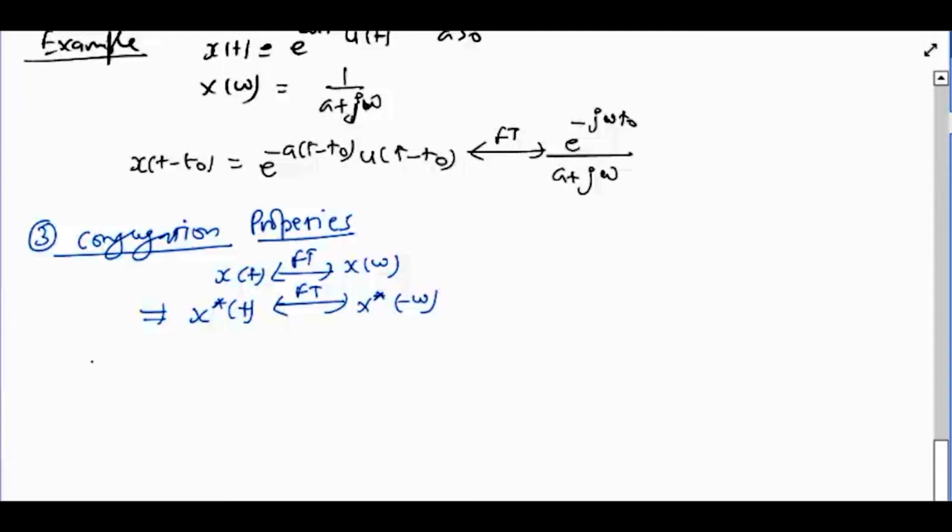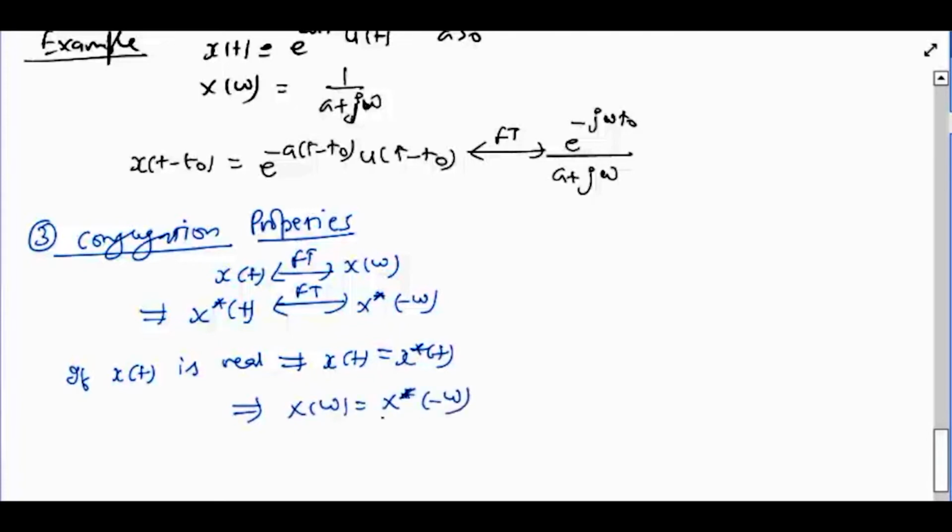Okay. So in particular, if xt is real, then xt is same as x star t, its complex conjugate. This says that X omega will be same as X star minus omega.